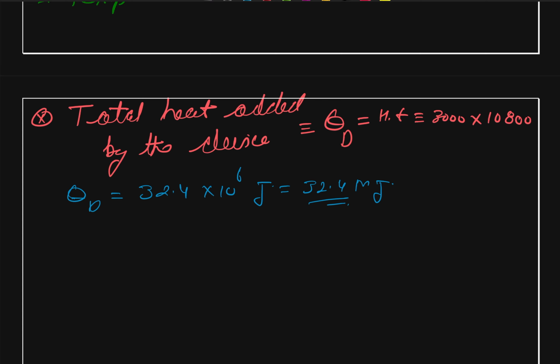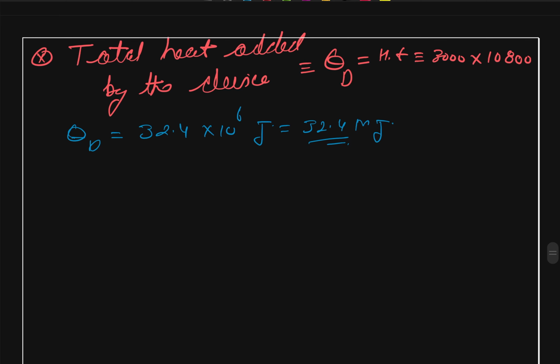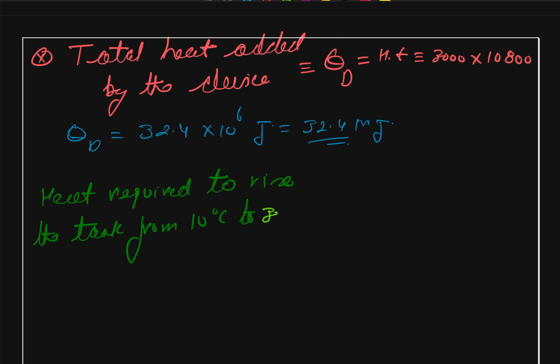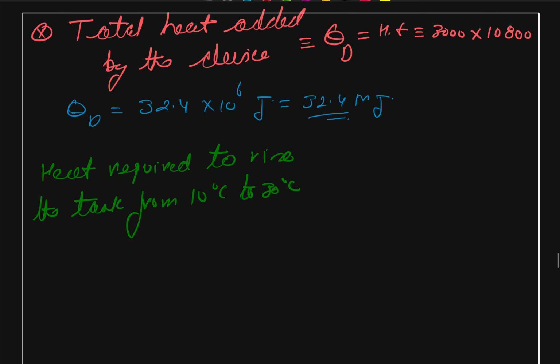So we can say the heat required to raise the tank from 10 degrees centigrade to 30 degrees centigrade, and let us call this QR, R stands for required, will be equal to MC delta T max.